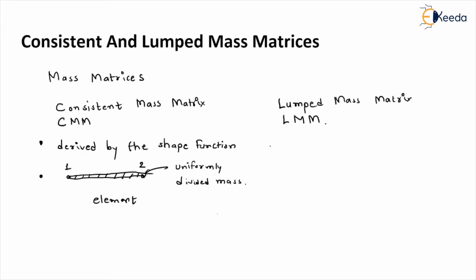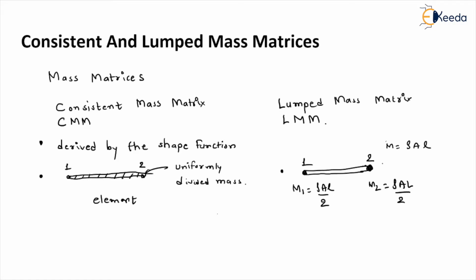And let's see for the lump mass matrix. In this lump mass matrix, the mass is not distributed the same, but suppose total mass of this element is m, which is rho A L. So total mass is rho A L. So we need to assume that on the node number 1, the mass m1 is equal to rho A L by 2, and on this second node mass m2 is rho A L by 2.